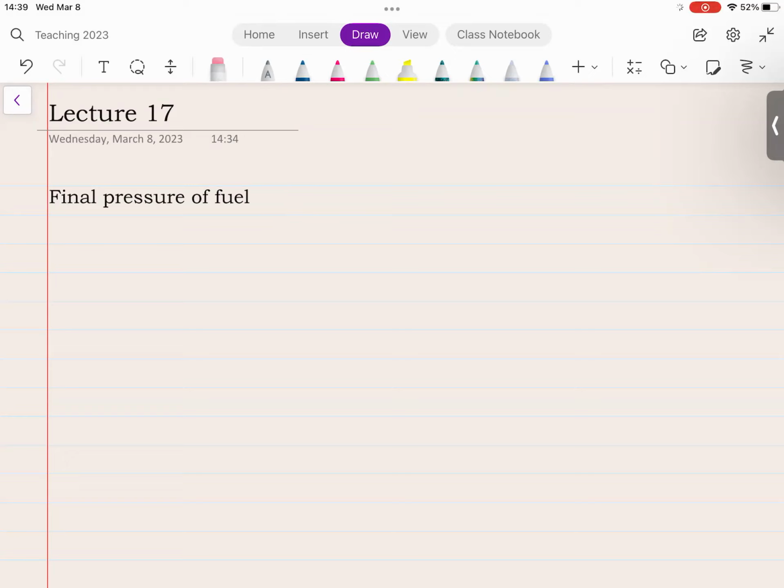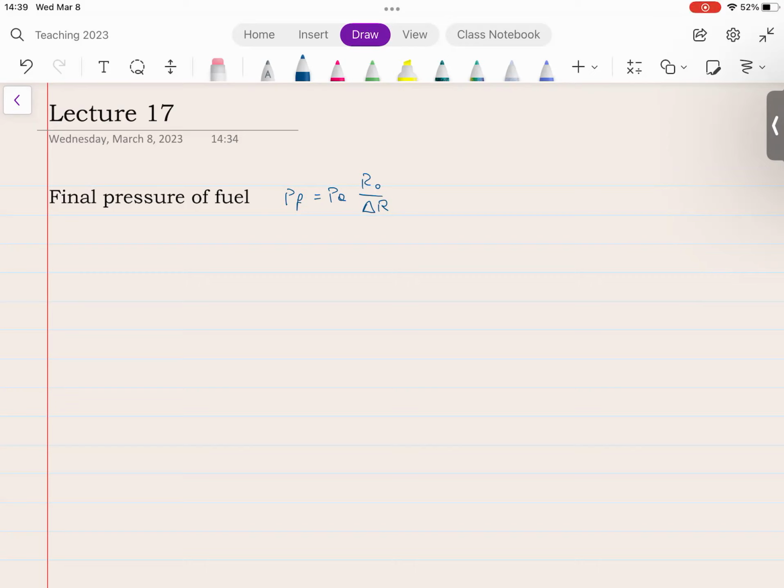Oops, that's horrible. Let me try again. We call it P sub F. It's going to be equal to P sub A, the ablation pressure. But what is important is that it's proportional to R0, the initial size of the target, divided by delta R, the thickness of the shell.